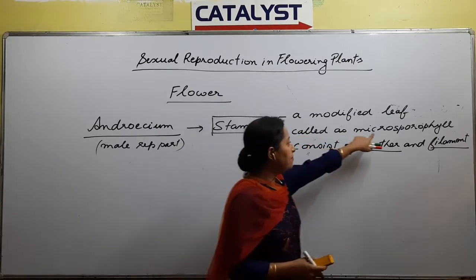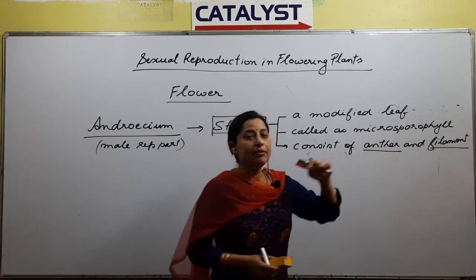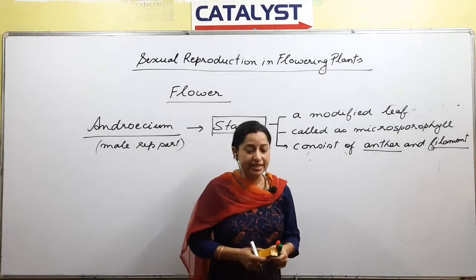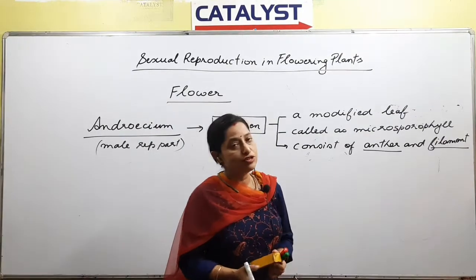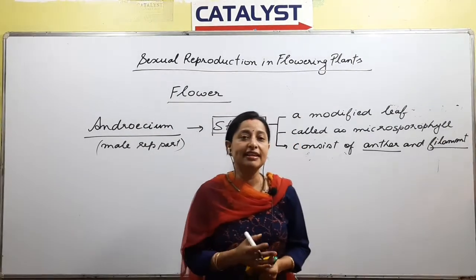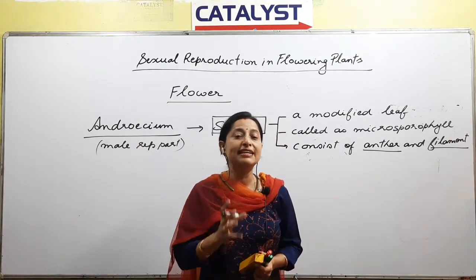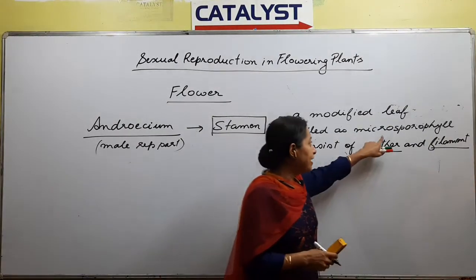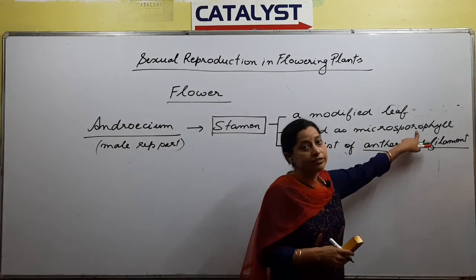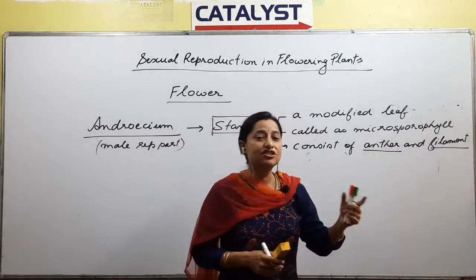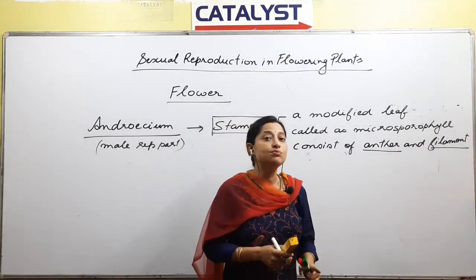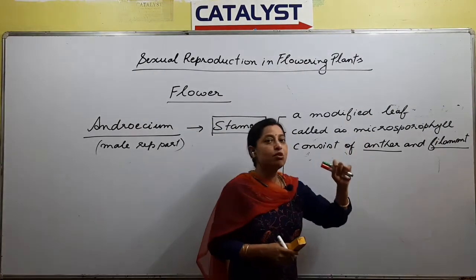Secondly, we have to remember certain terms in this chapter, such as microsporophyll, microsporogenesis, microspores, and similarly megasporophyll, megasporogenesis, megaspore. So you need to be clear about all these terms, right? Microsporophyll, sporophyll means what? A leaf-like structure that bears spores is called a sporophyll. Micro means small spores, no?